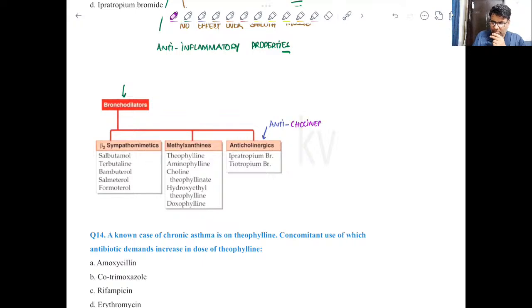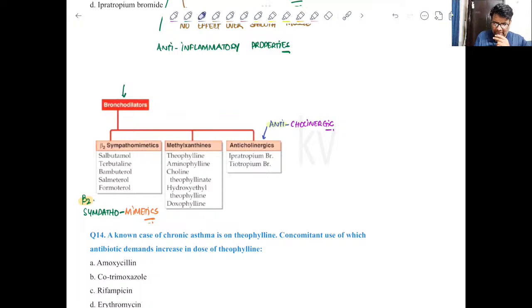We just want to oppose the effect of acetylcholine, and another is obviously beta 2 sympathomimetics, clear? So we are increasing the action of beta 2 adrenergic receptors, which are actually meant for smooth muscle dilatation, relaxation, that is bronchodilation. So either we will oppose the cholinergic activity, or we will promote the beta 2 adrenergic activity.